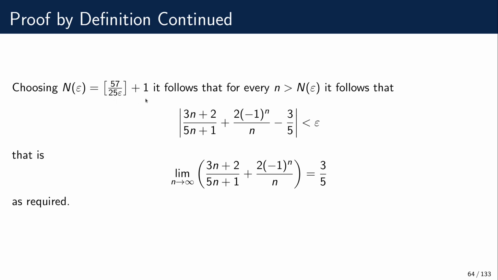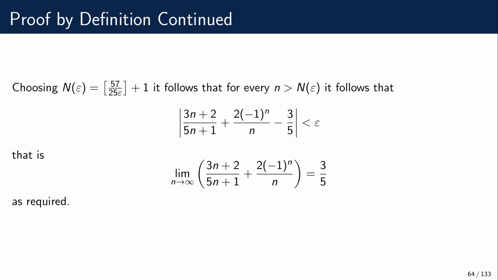Basically, proving a limit by definition is a game that we can play. If I want to prove to you that this sequence converges to a particular limit, you say, okay, you claim that this is the limit, then can you show me that starting from some place, the distance between the elements of the sequence and the limit is smaller than 1,000?